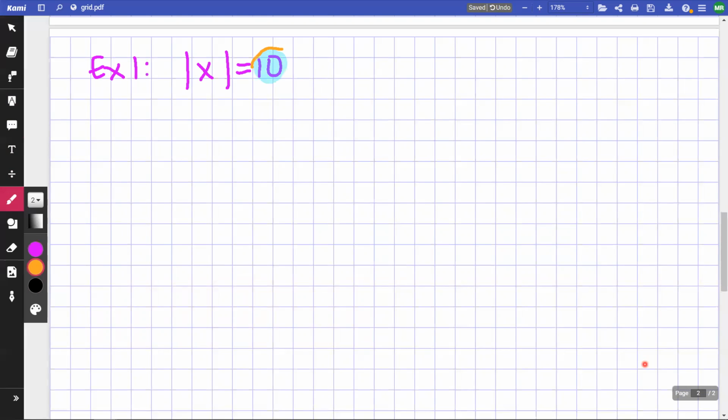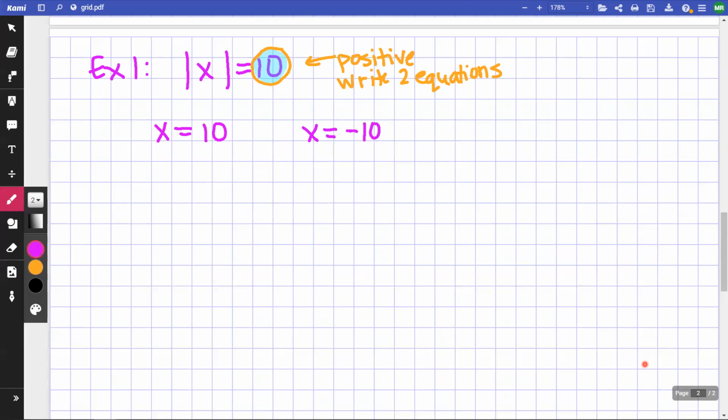So since this is positive, we're going to write two equations. So what I'm going to do is take what's inside the absolute value, which is x, set it equal to 10. Take what's inside the absolute value, x, set it equal to the opposite of that, which is negative 10. And in this case, those would be our two answers, because the absolute value of 10 is 10 and the absolute value of negative 10 is 10.